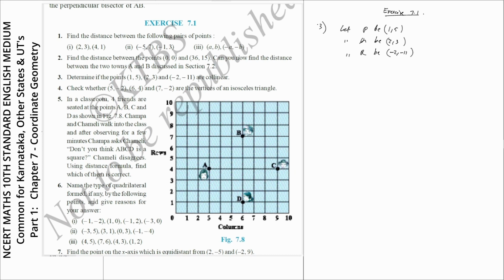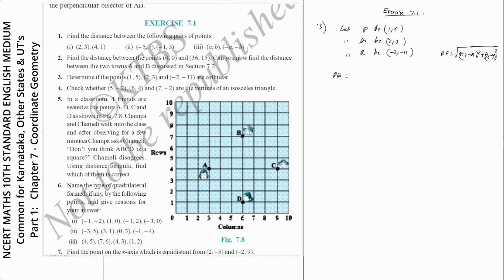Now what is the distance between P and Q? The distance formula is the square root of (x2 minus x1) the whole square plus (y2 minus y1) the whole square, right?